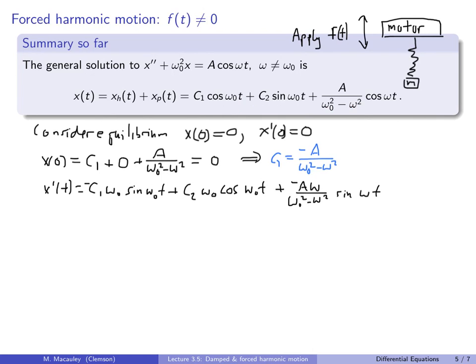Most of this isn't going to matter, because when I plug in 0, the sine terms go away. So x prime of 0 is going to be c2 omega naught, and that's equal to 0. Omega naught is a non-zero frequency, so that means that c2 equals 0. So with these specific initial conditions, we have a solution, x of t.